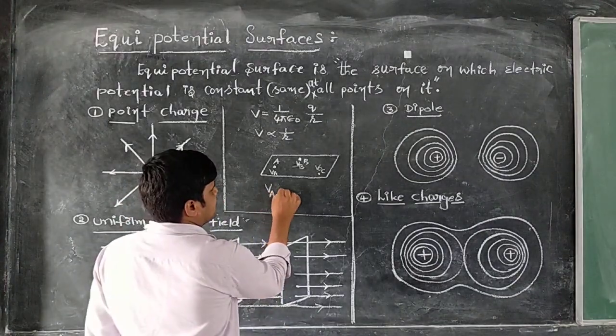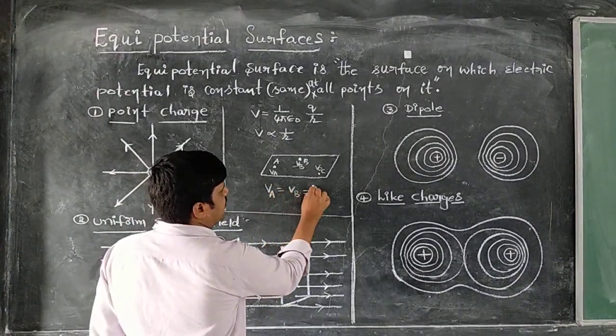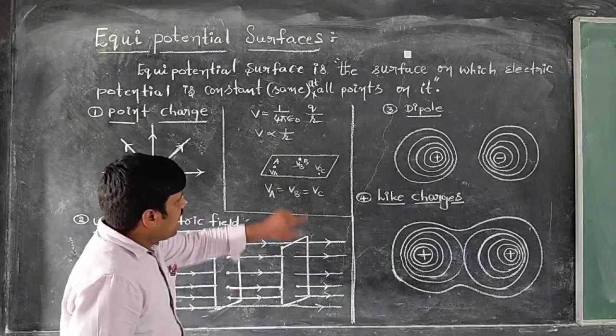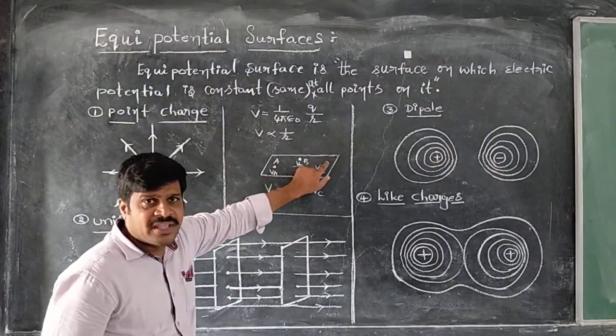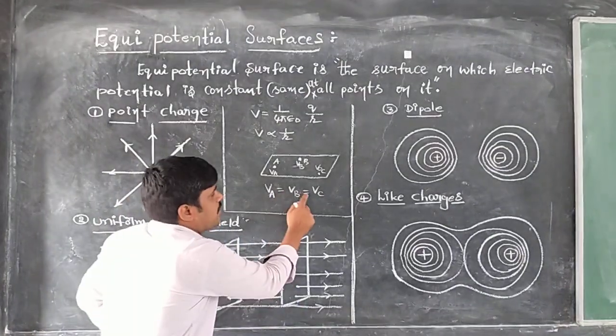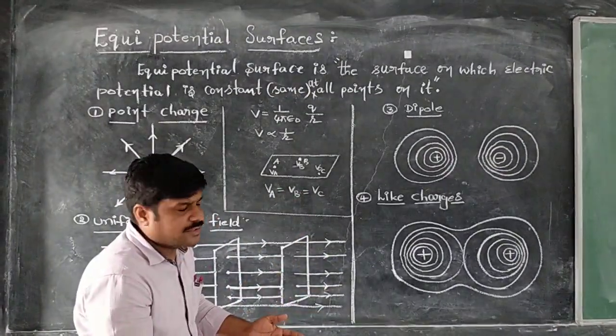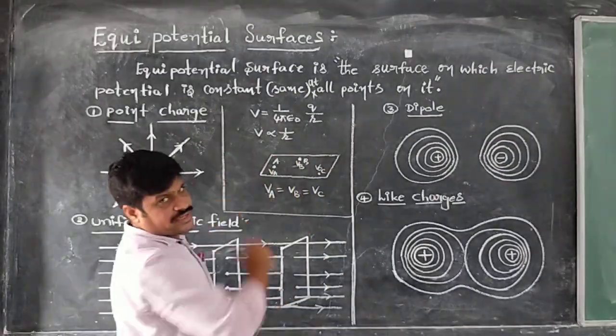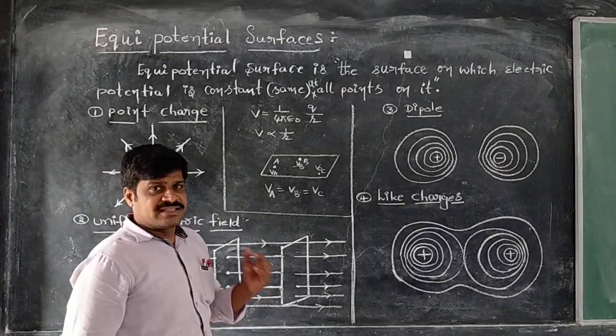If VA is equal to VB is equal to VC, that means the potential value at any point on this surface is the same, constant, then such a surface is called an equipotential surface.